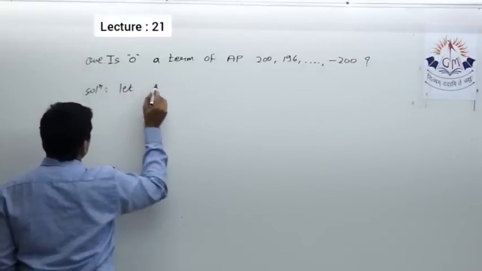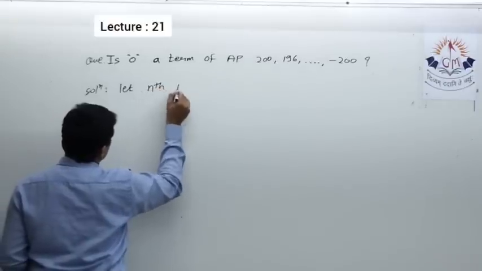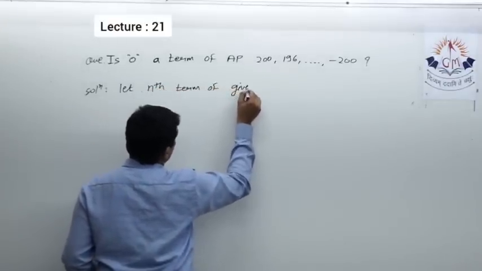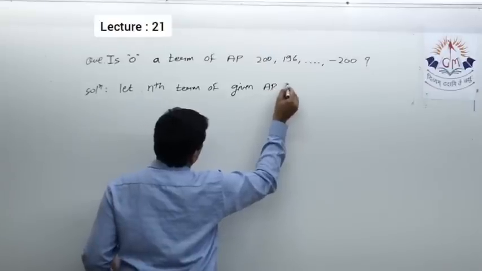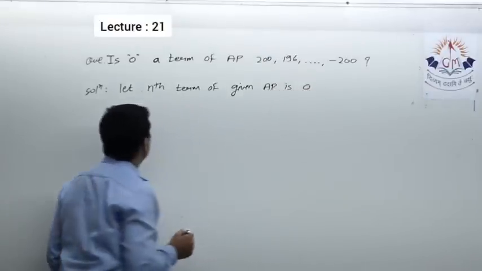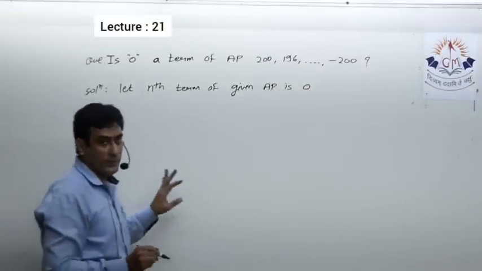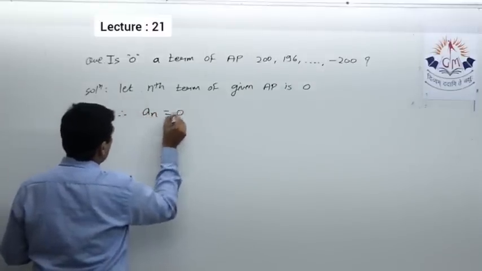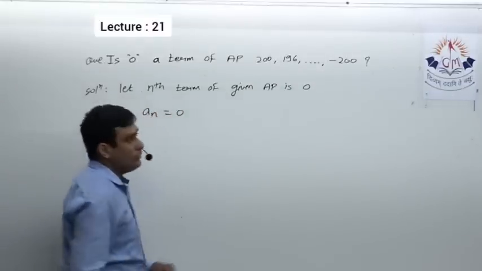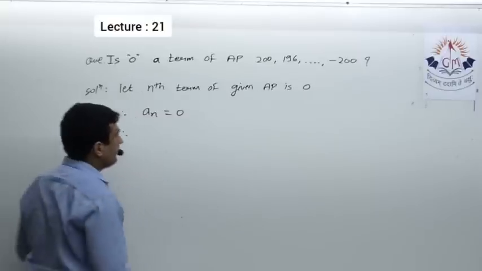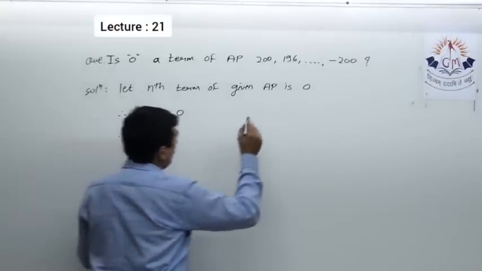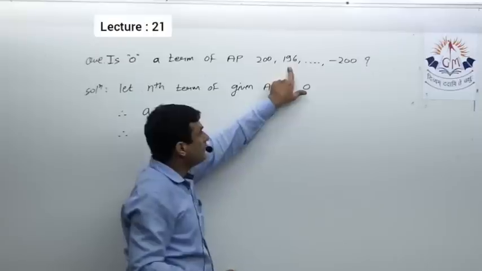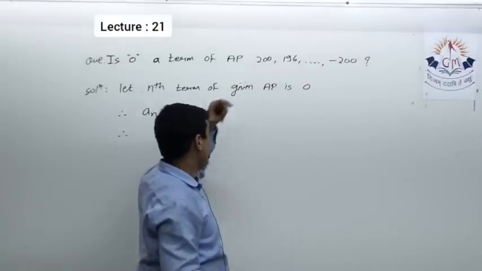Let the nth term of the given AP be 0. Therefore a_n is equal to 0. Now see over here, a is 200, d is 196 minus 200.